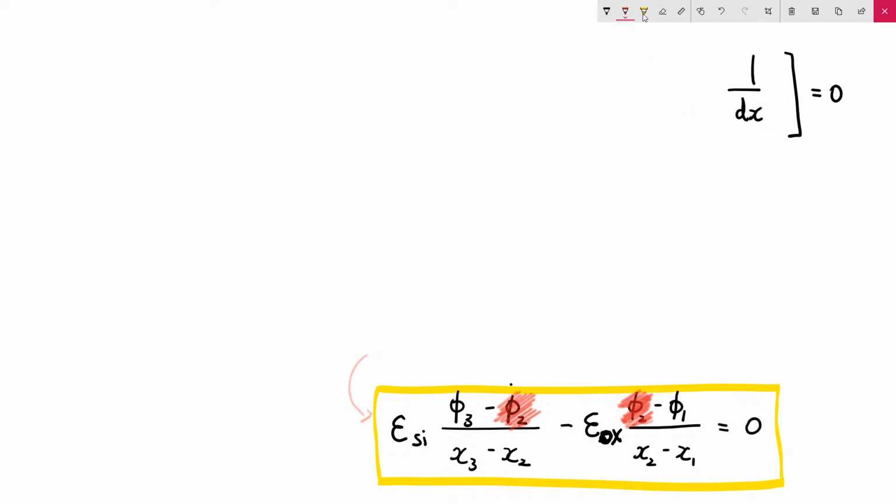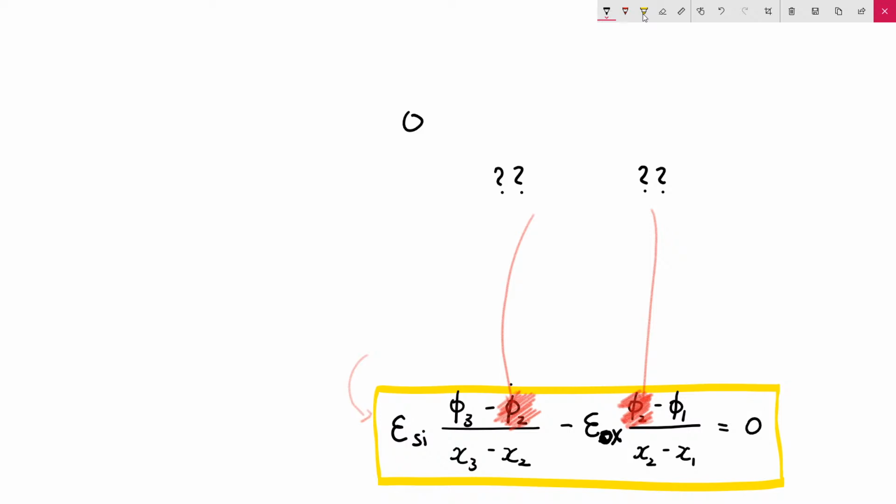We have to ask ourselves, for example, yes, here we have 2 phi 2. Then what is it? And what is it? Because we can find both phi 2 at R1 and phi 2 at R2. So what is the required quantities for these two terms?